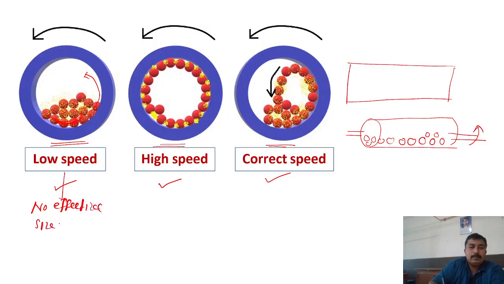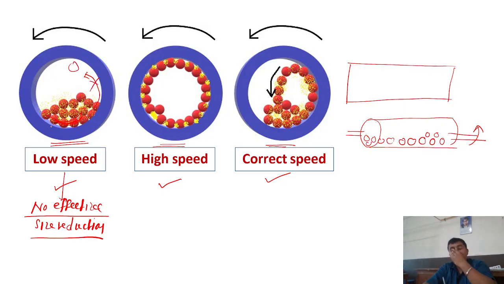Here you can see the balls are not lifted towards the top. Balls just remain at the bottom of the drum. As the balls are not lifted to the top, they will not fall on the material. That's why impact will not take place here, and as impact does not take place, there is no effective size reduction.